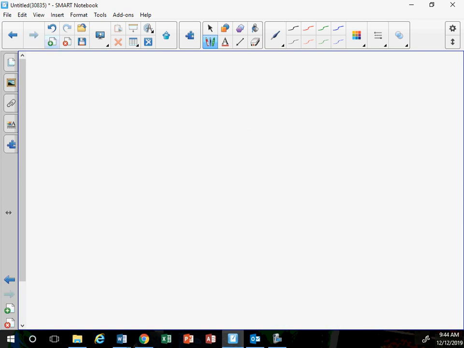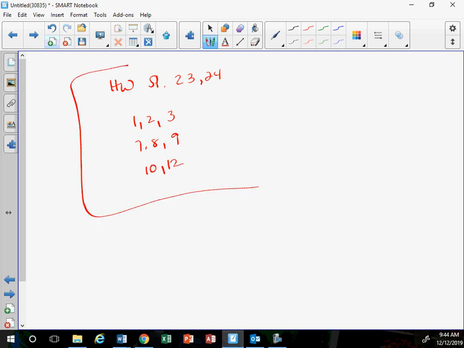So on the homework 23 and 24, you will do 1, 2, 3, 7, 8, 9, and then only a couple on that: 10 and 12. The rest deals with standard 24.